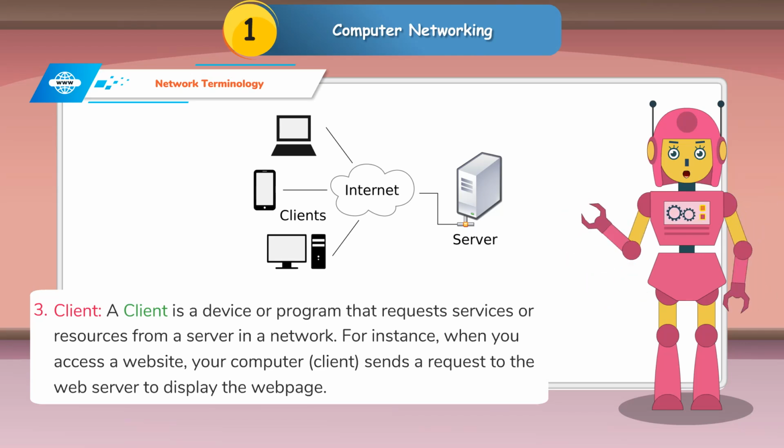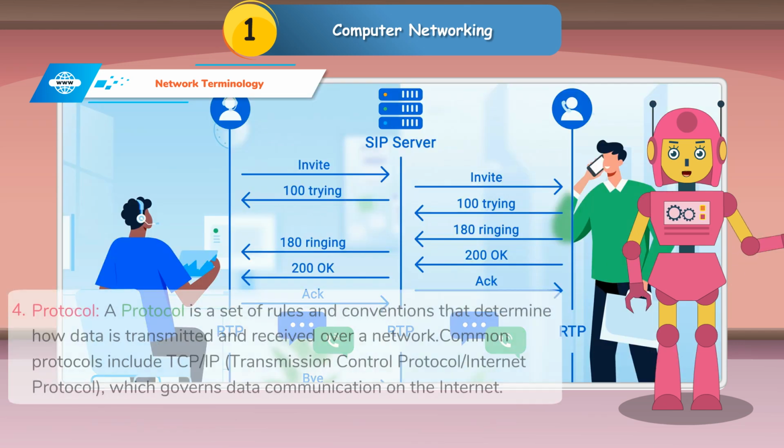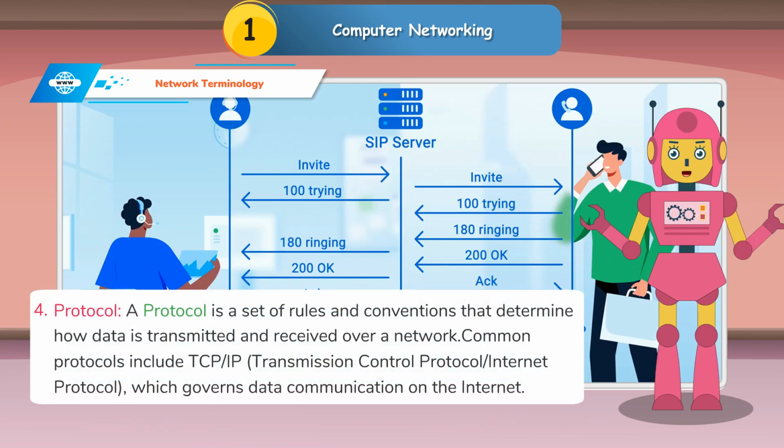A client is a device or program that requests services or resources from a server in a network. For instance, when you access a website, your computer client sends a request to the web server to display the web page.